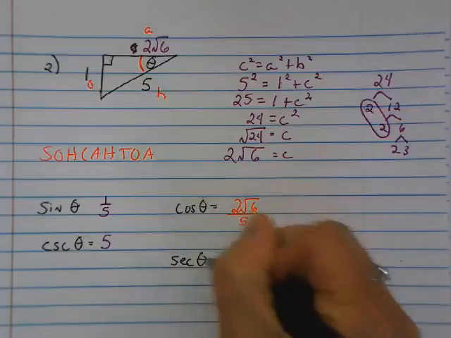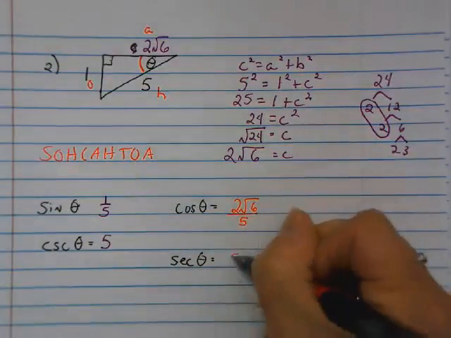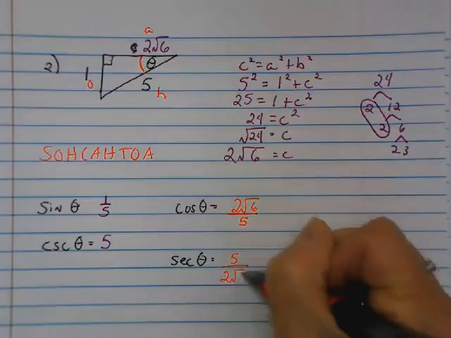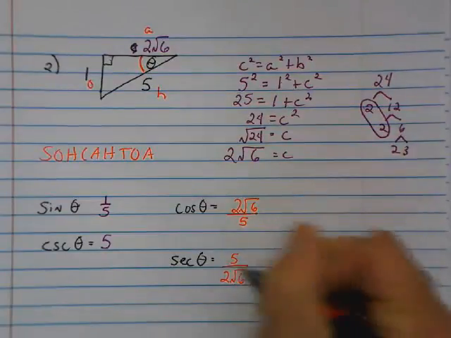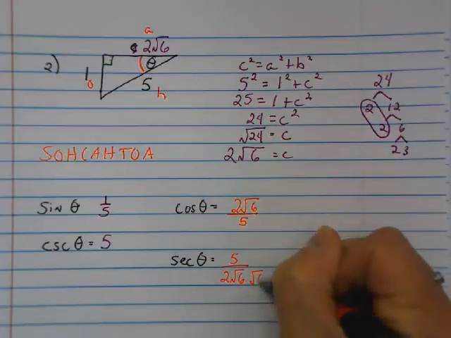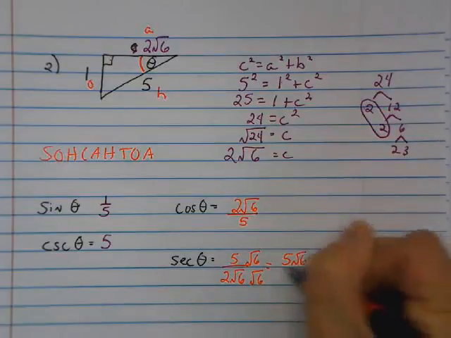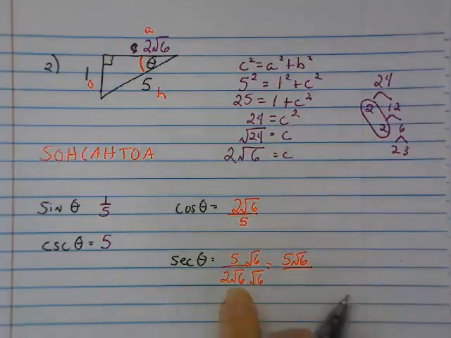Because my secant is going to be 5 over 2 square roots of 6. But remember, we cannot leave a square root of 6 in the denominator, so we're going to go ahead and rationalize it. So I get 5 square roots of 6 over square root of 6 times square root of 6 is 6 times 2 is 12.